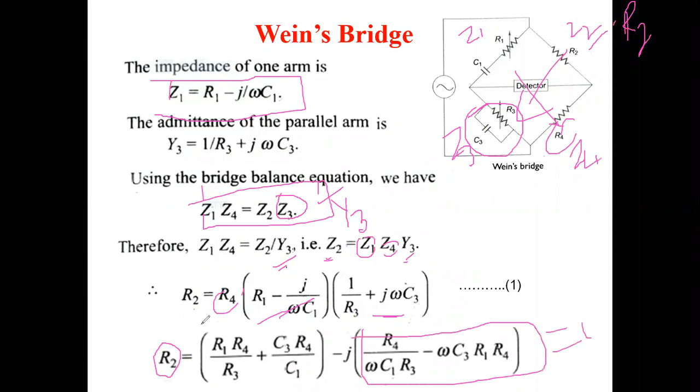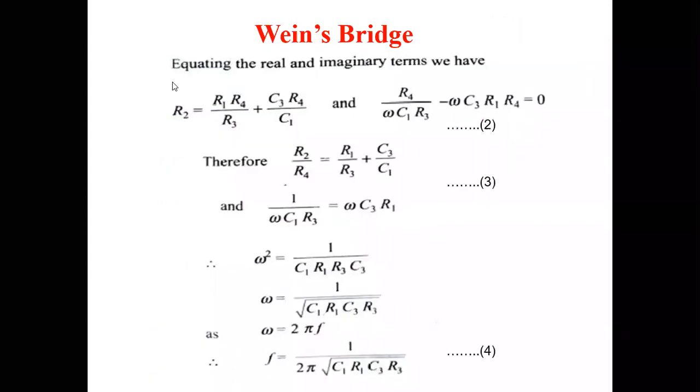For the real part, R2 is equal to R1 R4 by R3 plus C3 R4 by C1. Taking R4 to the left side, we have the ratio R2 by R4 is equal to R1 by R3 plus C3 by C1.